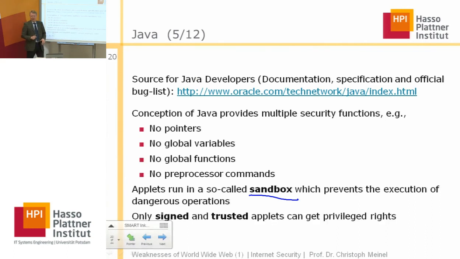There is an exception, because sometimes it's important that an applet gets access to some resources on the client side, to some files or other things. This is only possible if one works with so-called signed and trusted applets. Here they can get privileged rights. You know these techniques, so I do not want to go into more detail.